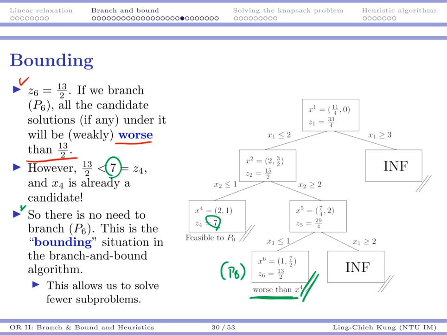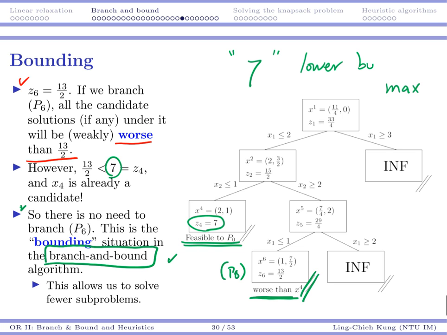This is the bounding situation in the branch and bound algorithm. This algorithm has two words there. Branch is the idea of splitting one problem into two. Bound is to say that once we get a feasible solution, we get 7, and 7 provides a bound. For this maximization problem, 7 is a lower bound: any feasible solution to the IP gives us a lower bound on the optimal solution.